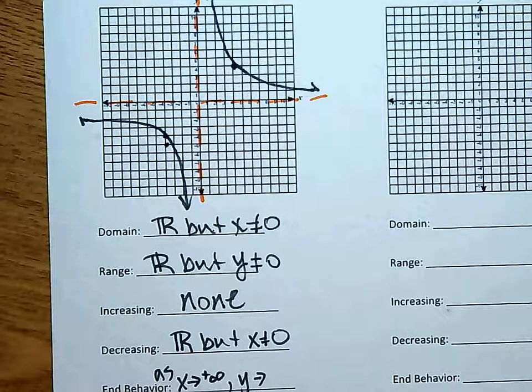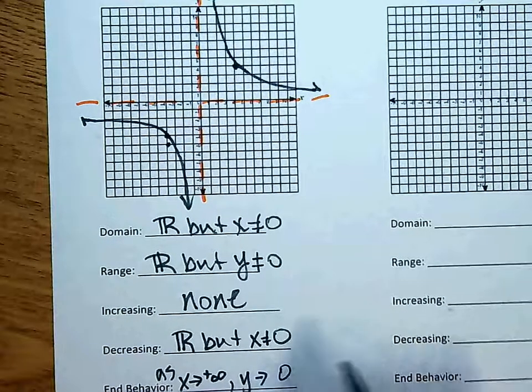Here, as we are approaching positive infinity, what is this approaching? The asymptote, going smoothly to the asymptote. What is the equation of that asymptote? Yes, y approaches 0.